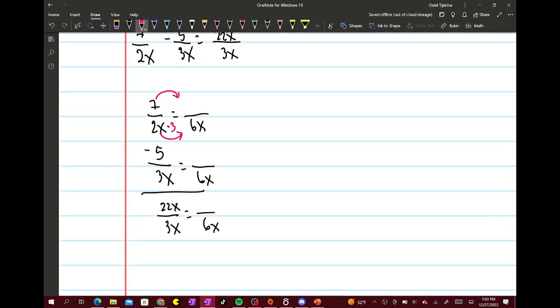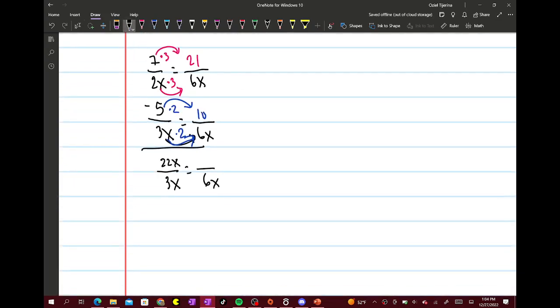What you do on the bottom, you do to the top. 7 times 3 is 21. Then 3x to 6x, we multiplied by 2, so 5 times 2 is 10. On this one, we also did times 2, so this would be 44x.